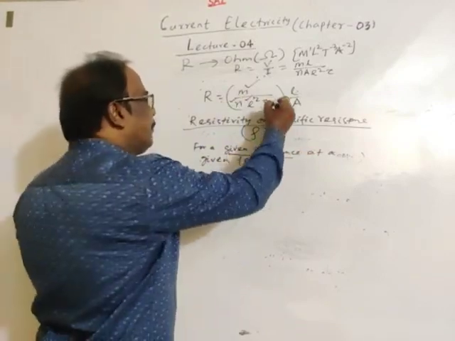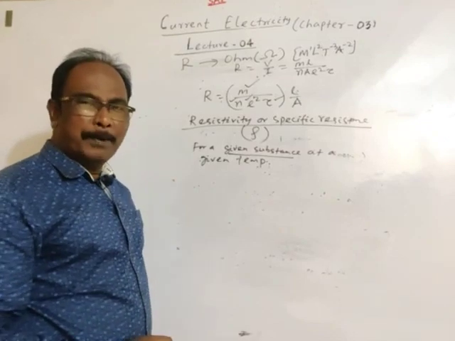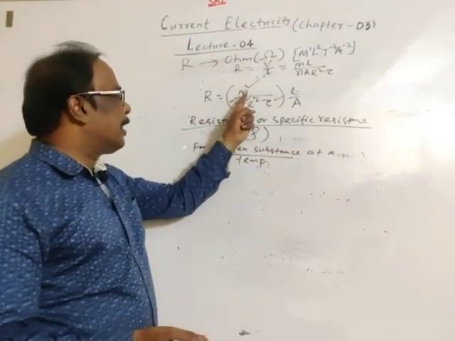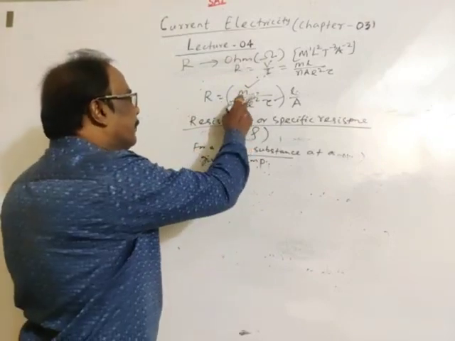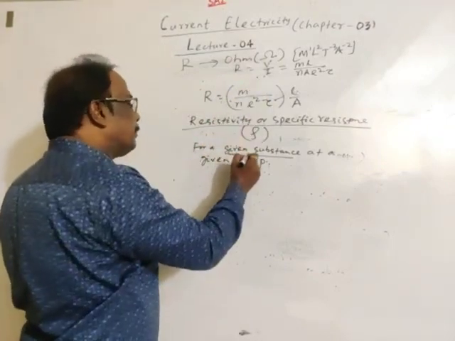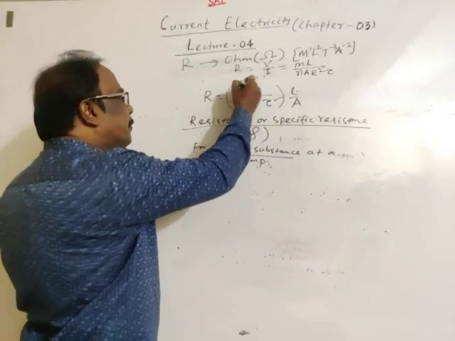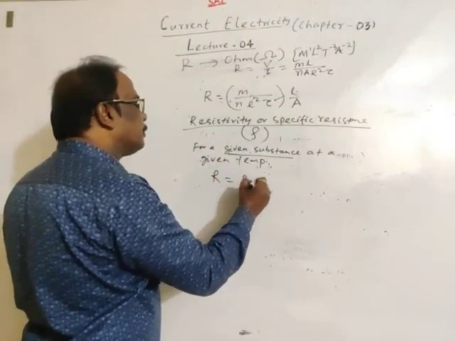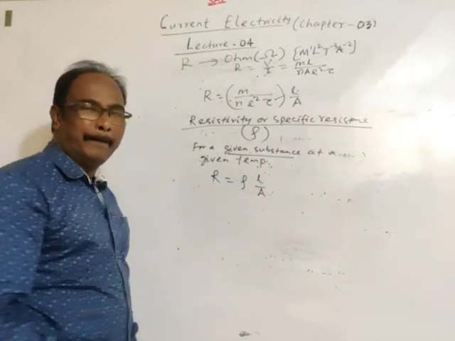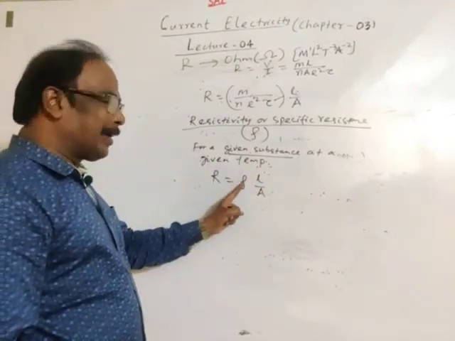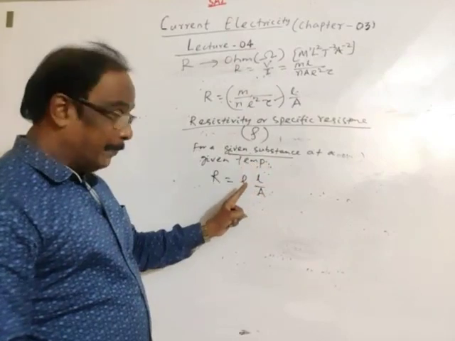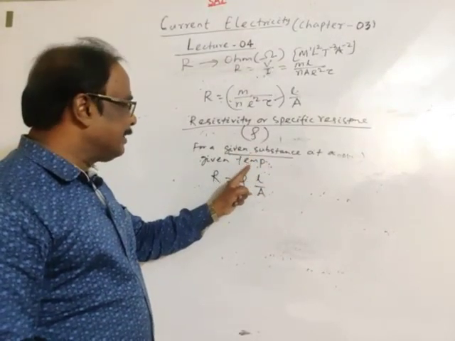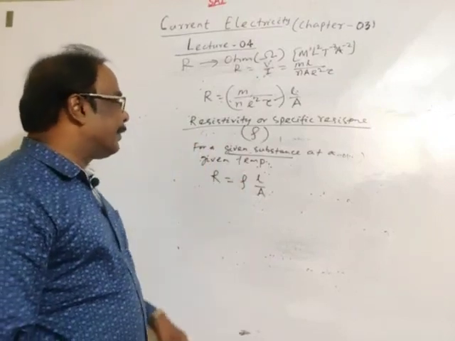For a given temperature, the average relaxation time is constant, and again the mass of electron and charge of electron are constant. Means for a given substance at a given temperature, this factor is constant. We may write R is equal to a constant into L by A. This constant is rho, and it remains constant for a given substance at a particular temperature.